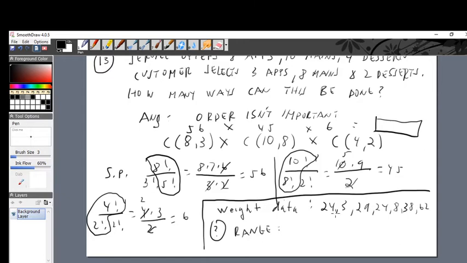Okay. Scan the data for the highest one, 62. Then scan the data again for the lowest one. You don't have to arrange it. You can just scan. The lowest one is 3. Highest 62, lowest 3. 62 minus 3 is equal to 59. And that is the range. Pretty straightforward problem.